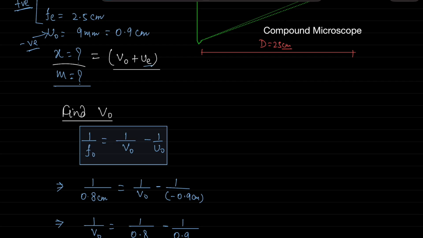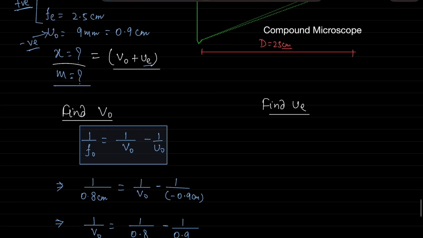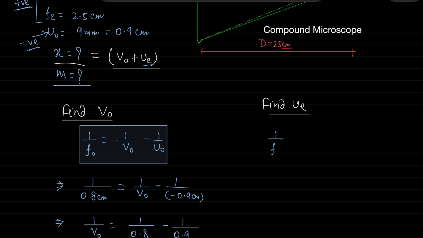So to find the UE, we use the same relation. Again the lens formula, but this time with respect to eyepiece. So 1 by Fe is equal to 1 by Ve minus 1 by Ue. 1 divided by 2.5 centimeter is equal to 1 by Ve, which is our near distance, it's equal to minus 25 centimeter, minus 1 by Ue.